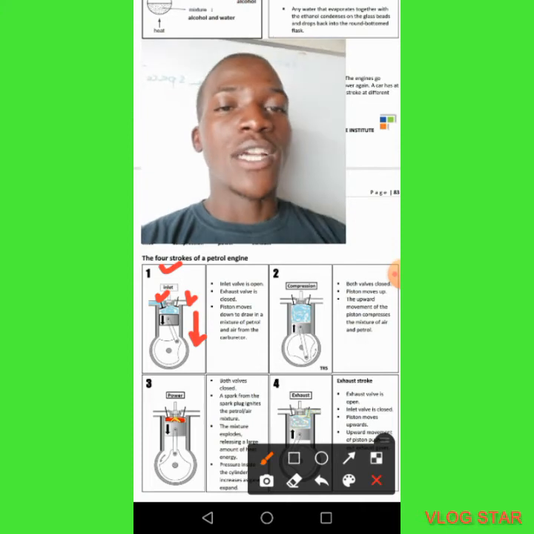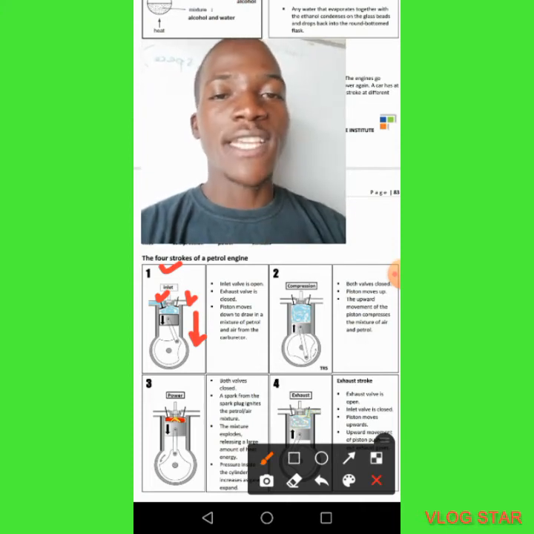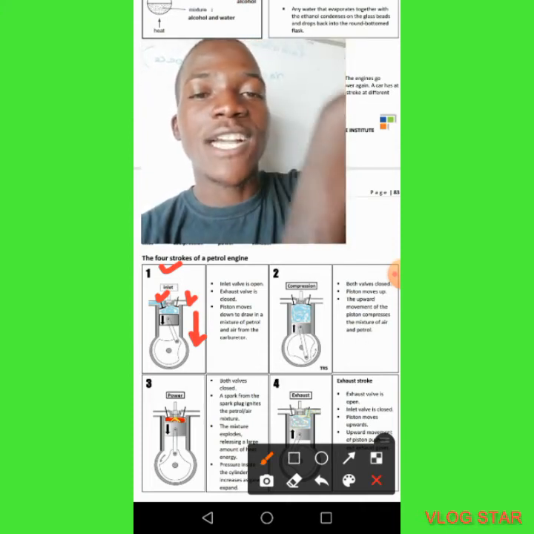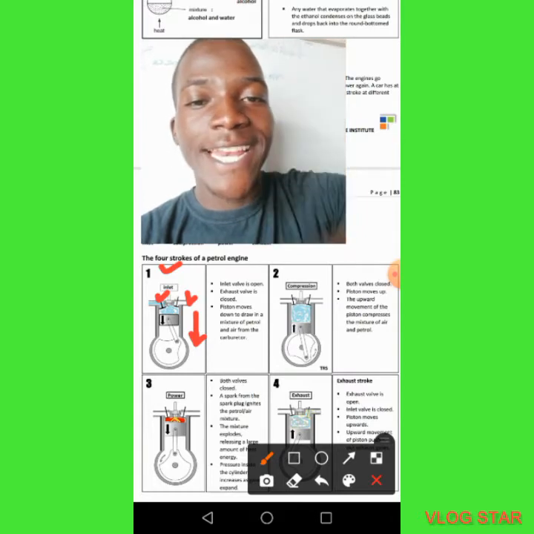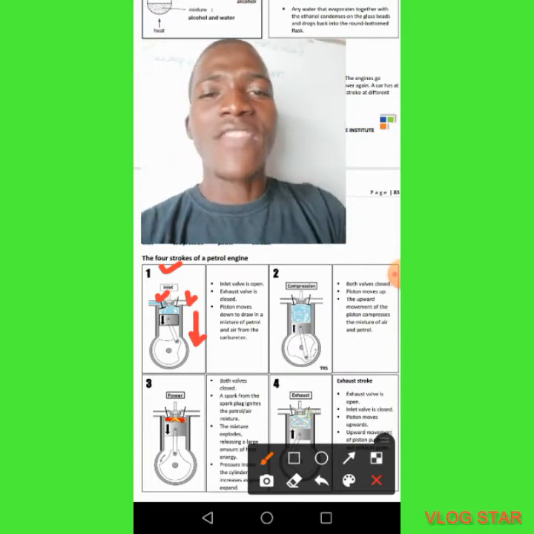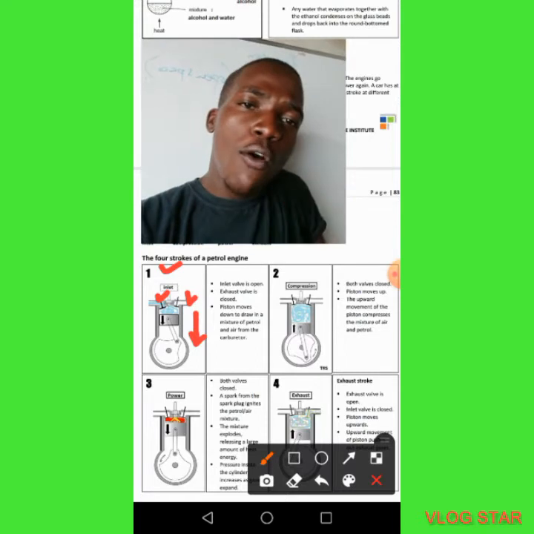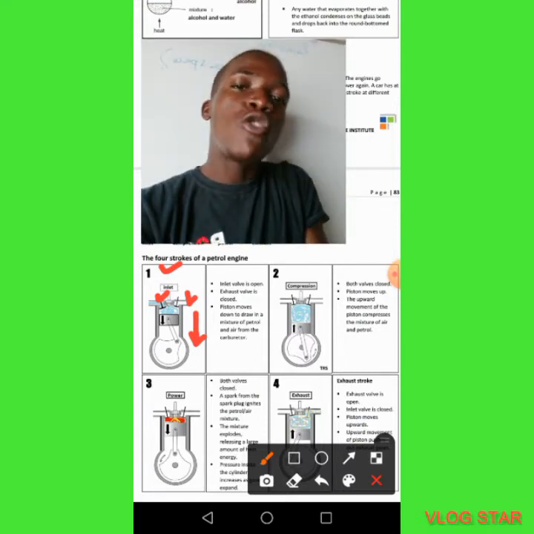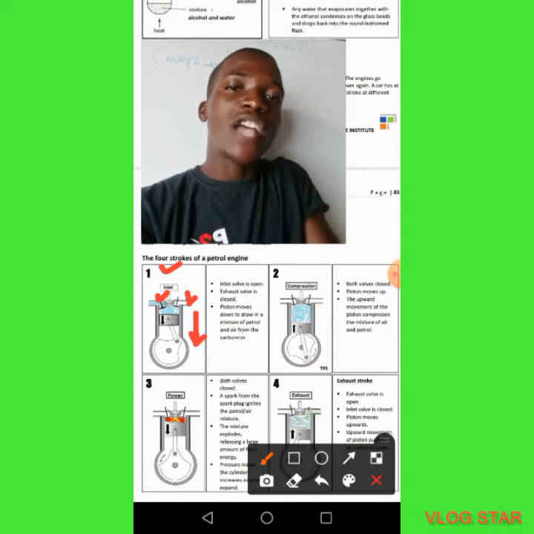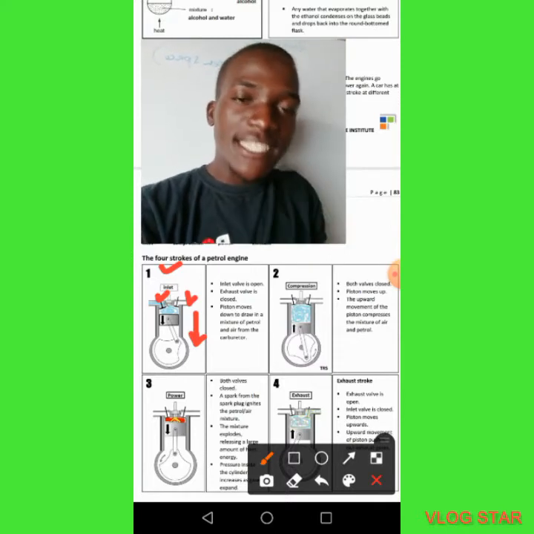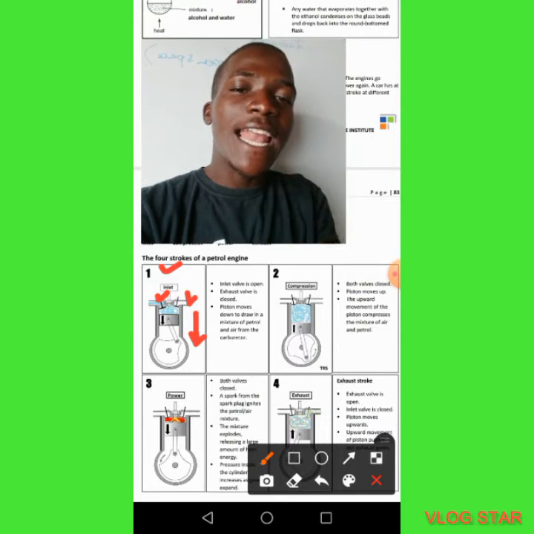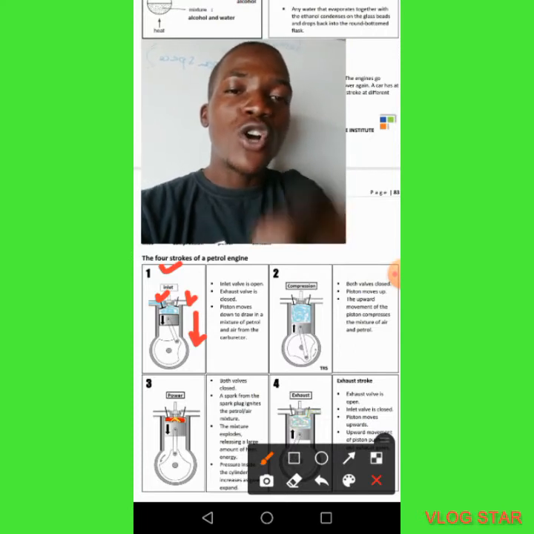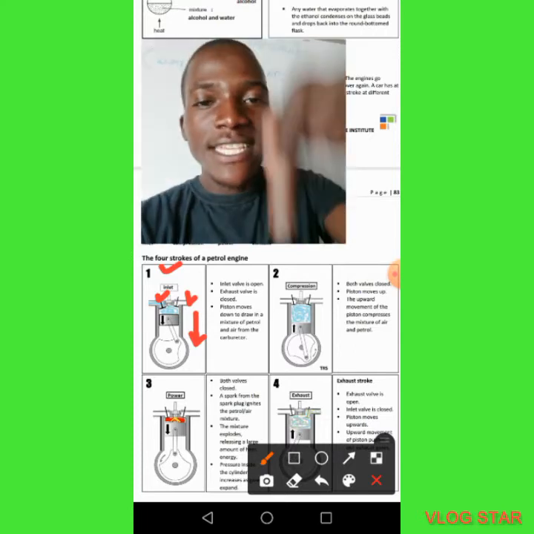Why does the piston move downwards? It allows the mixture of petrol to enter into the cylinder. The inlet valve is open because it must allow the petrol mixture to enter into the cylinder.